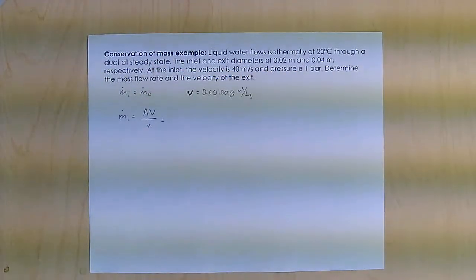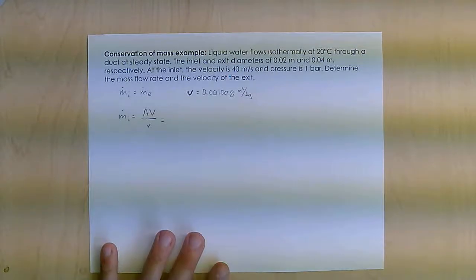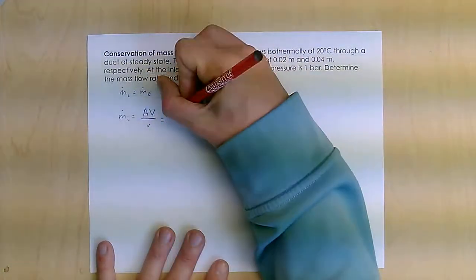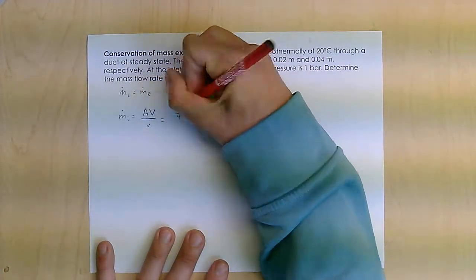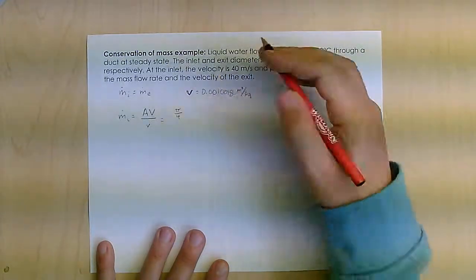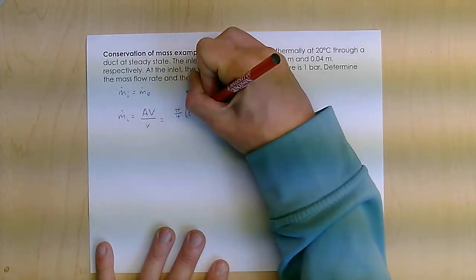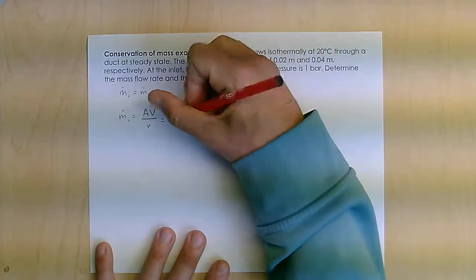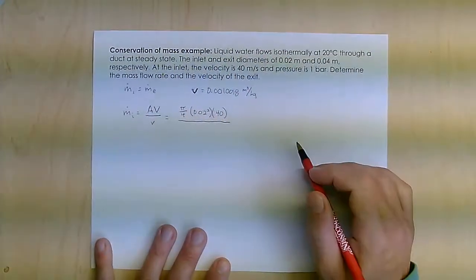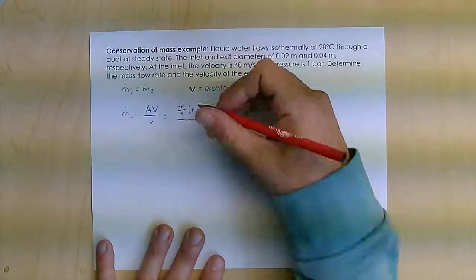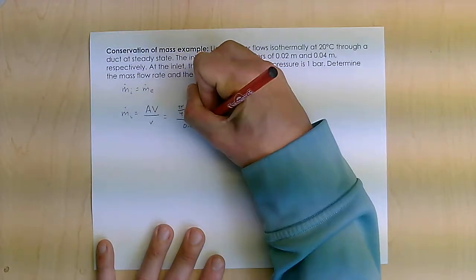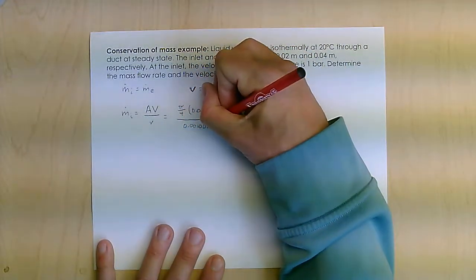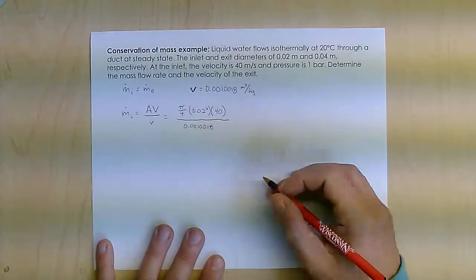So from that, I can find my mass flow using the area, which for a diameter is pi over 4 times the diameter squared. The inlet diameter is 0.02, squared. Its velocity is 40 meters per second. And its specific volume is 0.001018, which I looked up in the table.